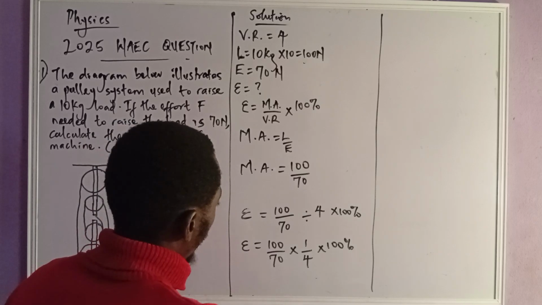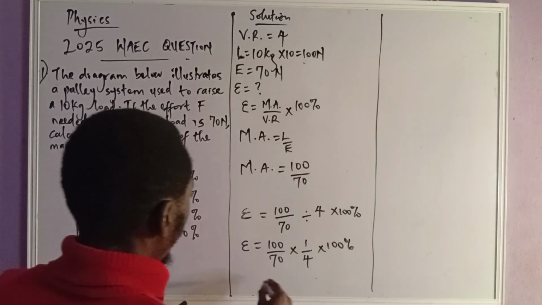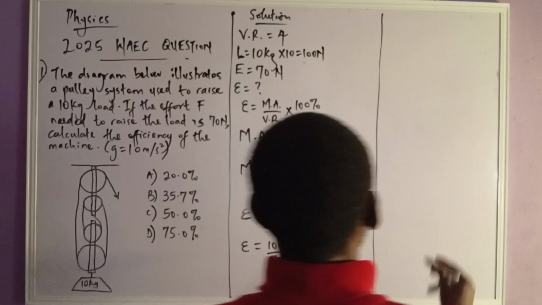So mathematically, this should give me 10,000 divided by 280.